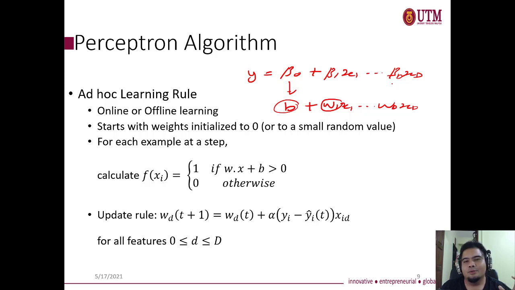The difference is just that you changed the notation from using beta as a parameter to two parameters, which are bias and weight. Bias is your y-intercept, and w1 until wd will become your slope. So it's the same thing there.